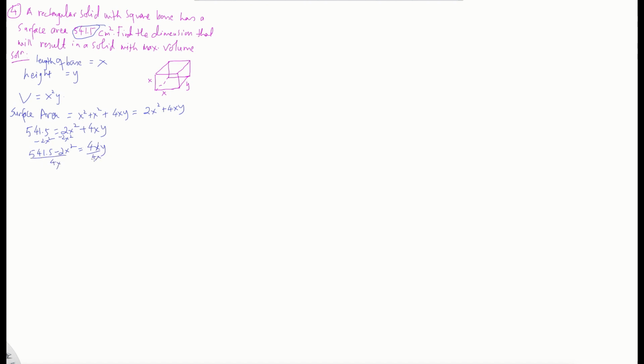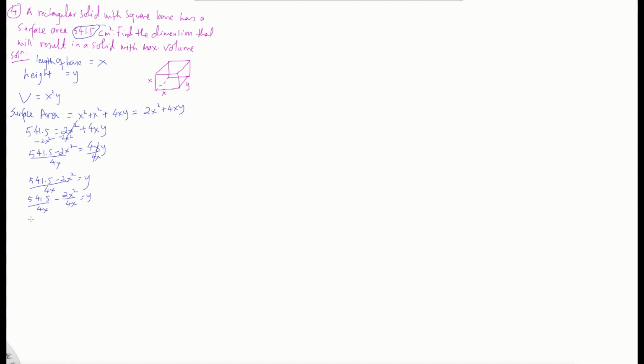So you get y equals (541.5 minus 2x squared) over 4x. It will be easier to simplify if you split the denominator: y equals 541.5 over 4x minus 2x squared over 4x.